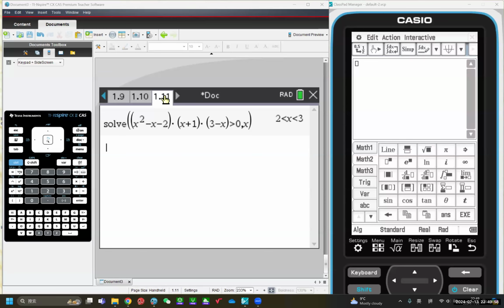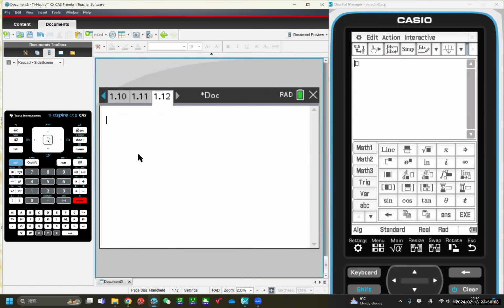Using a slider could be a bit painful, but yes, you could use a slider. Let's just define f(x) equals x squared times (1 minus x squared). Define g(x) equals f(x) minus a.